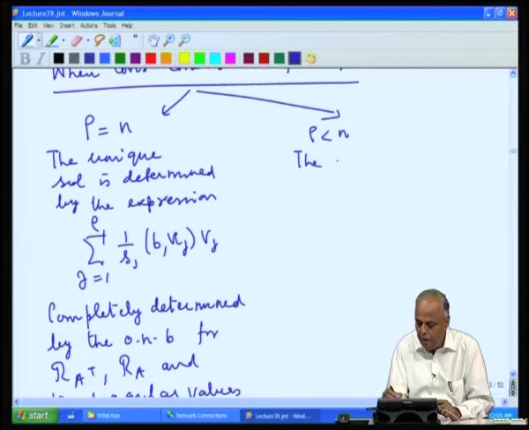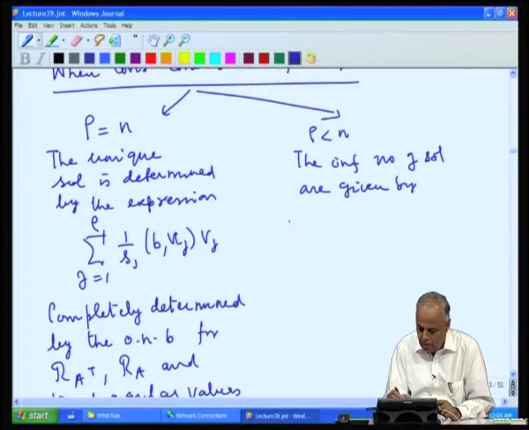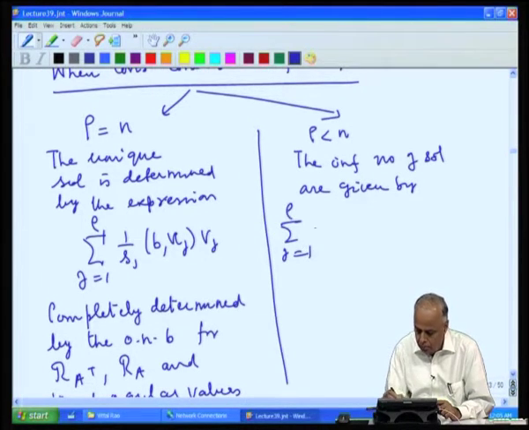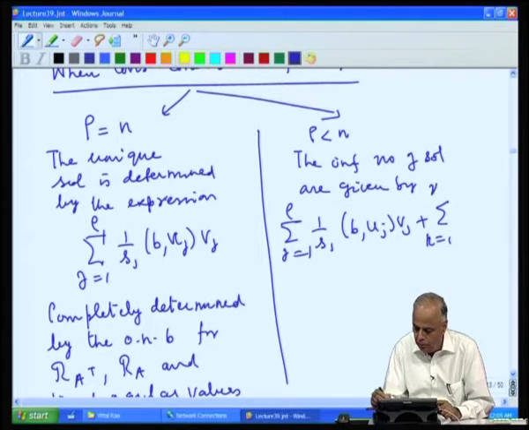So, when rho is less than n, the infinite number of solutions are given by again summation j equal to 1 to rho, 1 by S j, b u j v j, plus summation k equal to 1 to nu A, alpha k phi k.